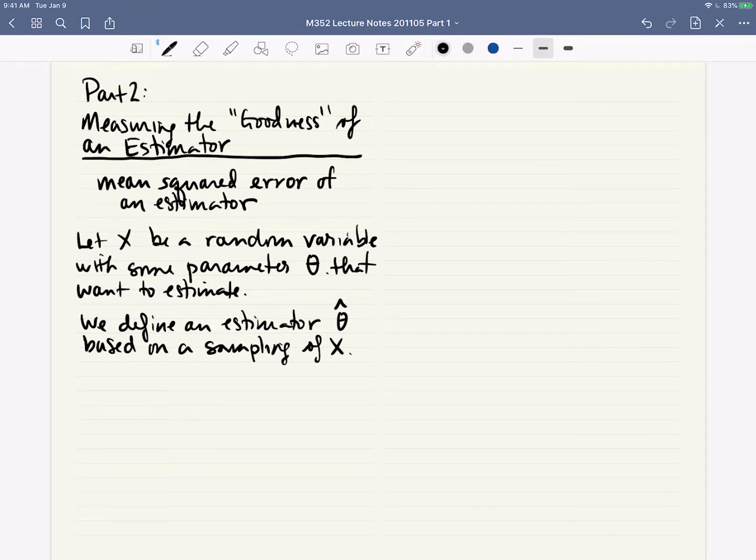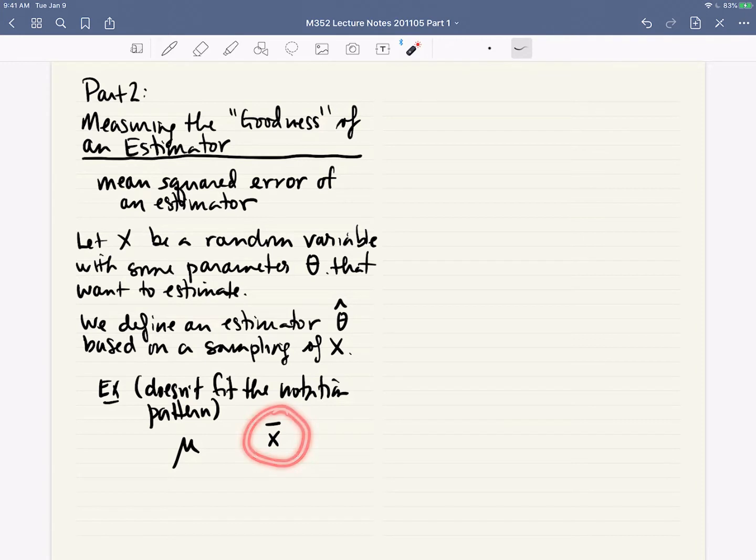For example, we have a mean as a parameter that we work with for a random variable, but the sample mean is an estimator we have that allows us to approximate a population mean.